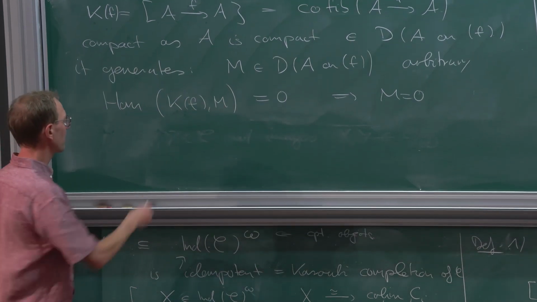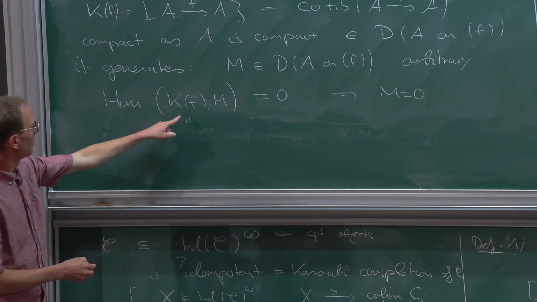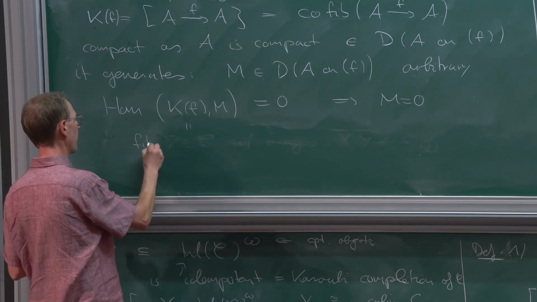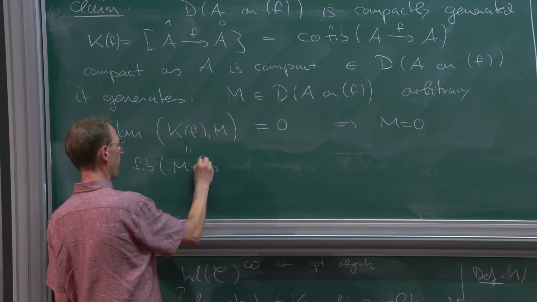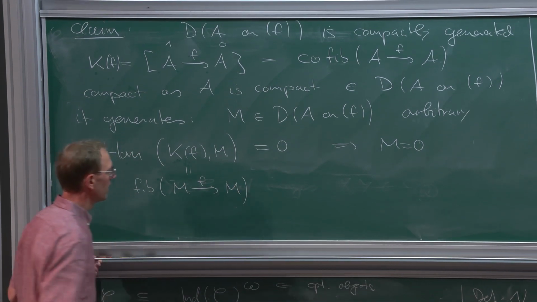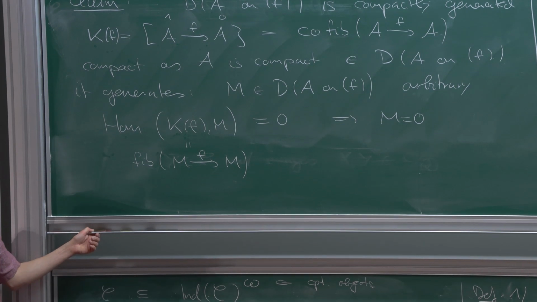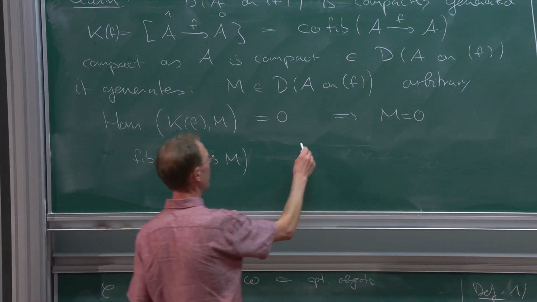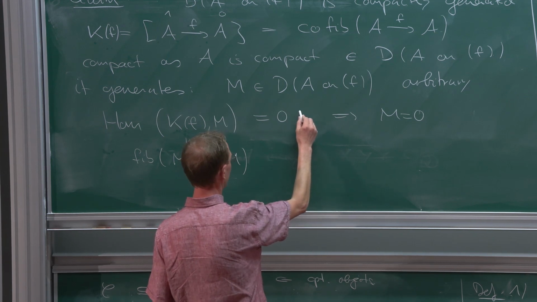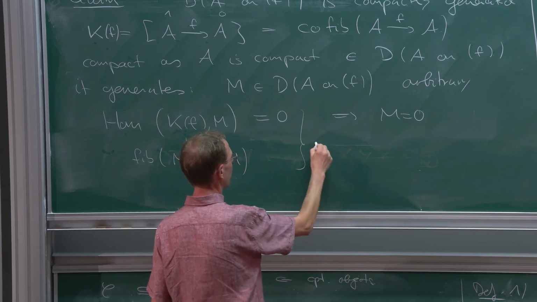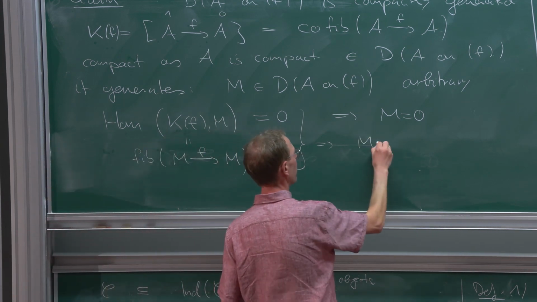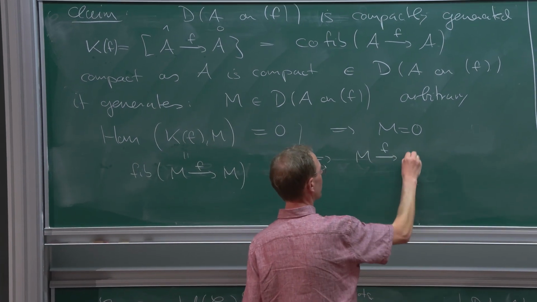And how do you see this? You just observe that, because this is the cofiber, you can also write it as the fiber of the map F multiplication on M. Now if this is 0, we see that this just means that the F multiplication on M is an equivalence.